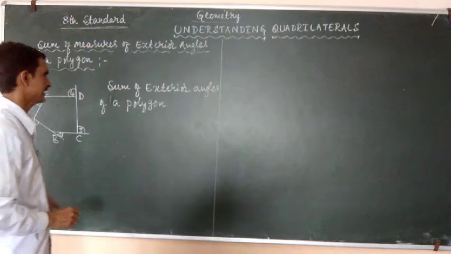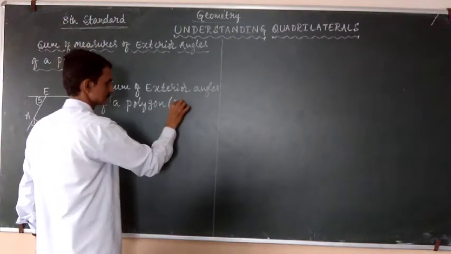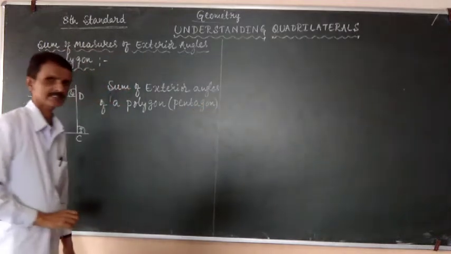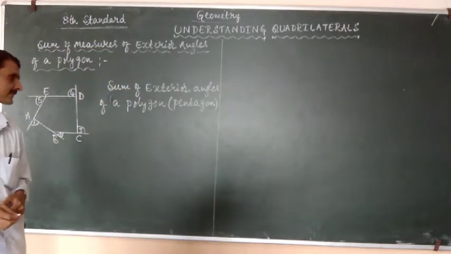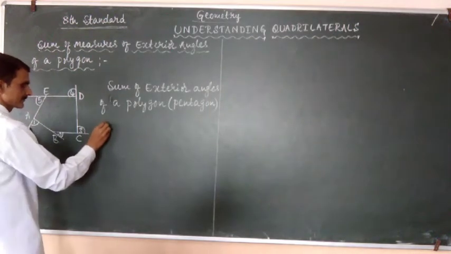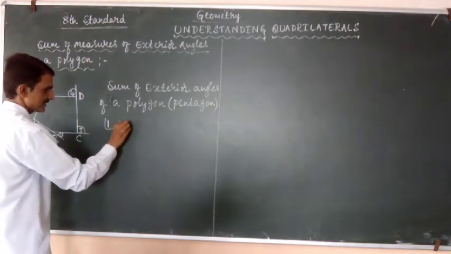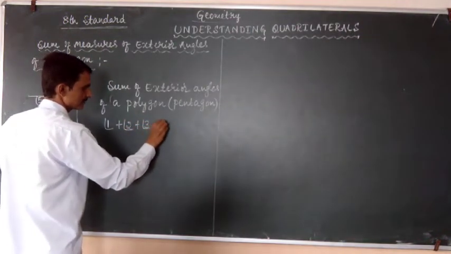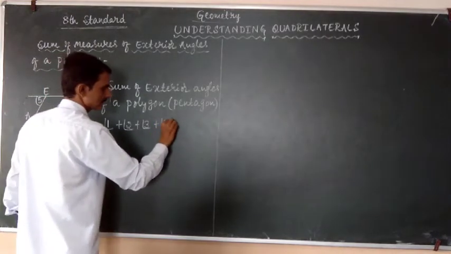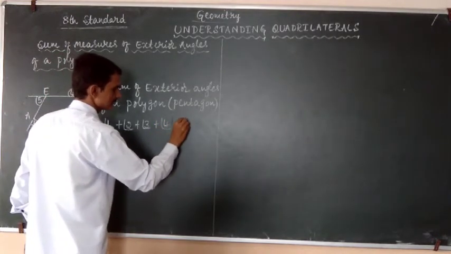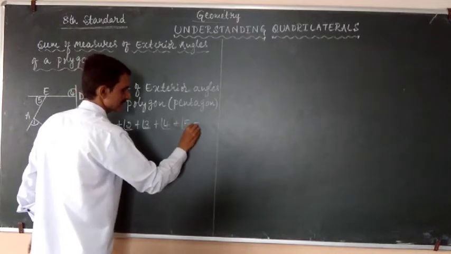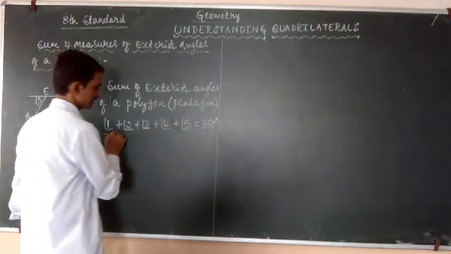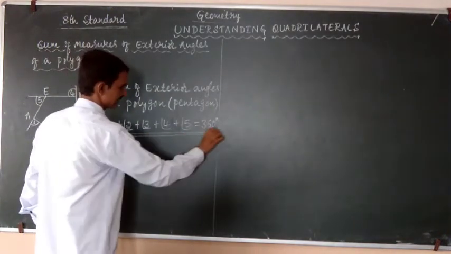Here it is a pentagon. For this figure, it is a pentagon. So angle 1 plus angle 2 plus angle 3 plus angle 4 plus angle 5 is equal to 360 degrees. So it is always equal to 360 degrees.